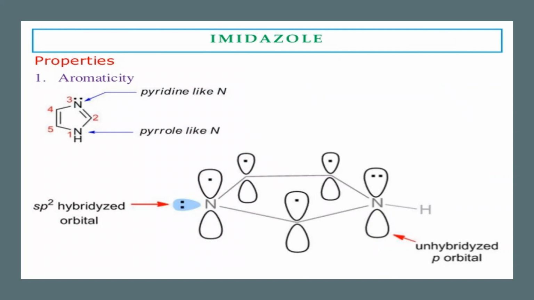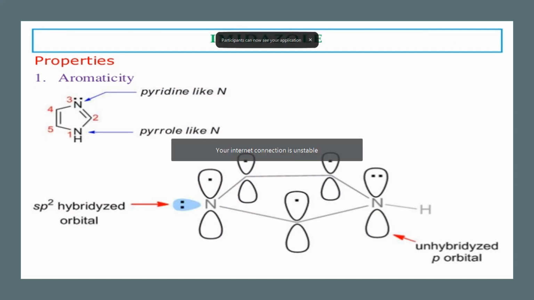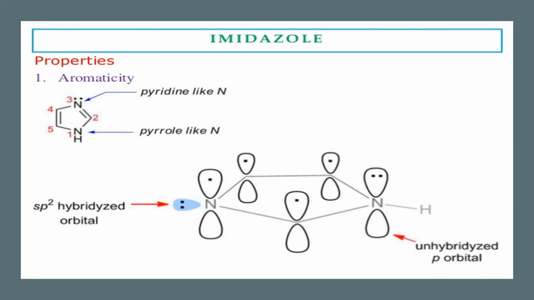In the case of aromaticity, look at the structure of imidazole. It has 2 nitrogens. One of the nitrogens behaves as a pyridine-type nitrogen, where the lone pair of electrons is not in conjugation for the aromatic system.